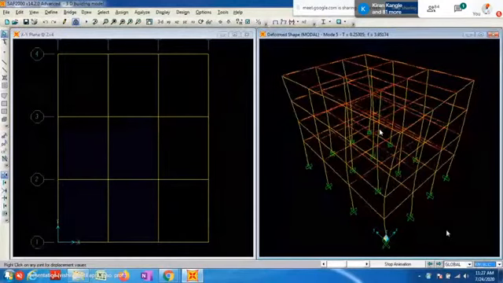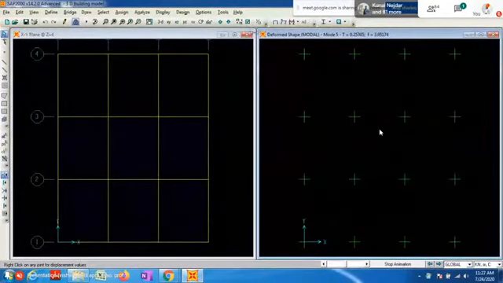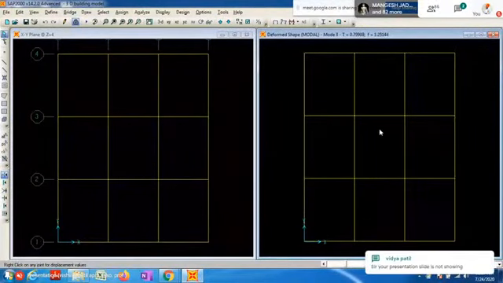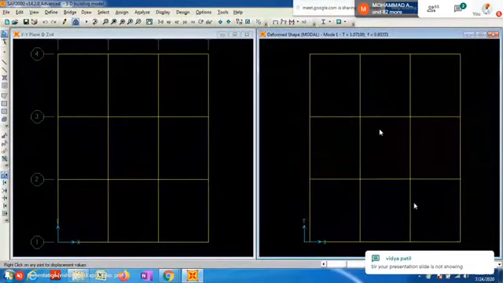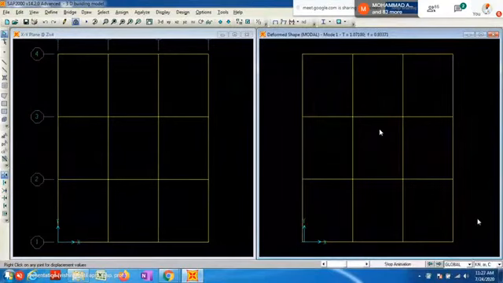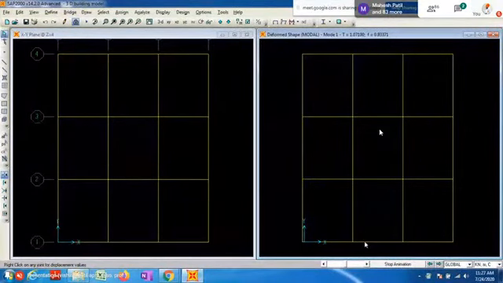If we see the plan of this, in the first mode it is pure translation. See, it is moving like this. It is pure translation.